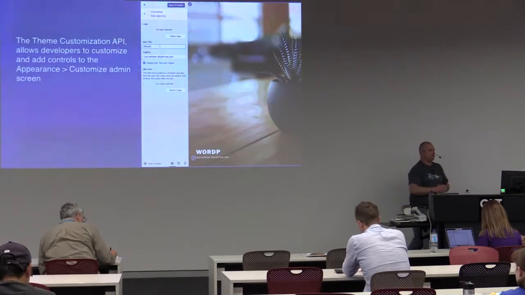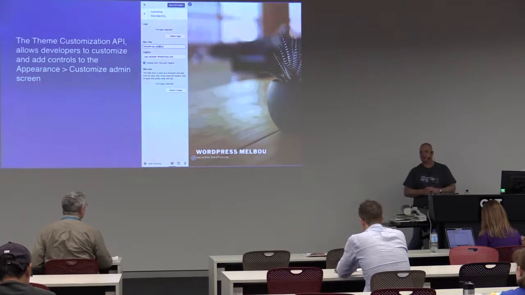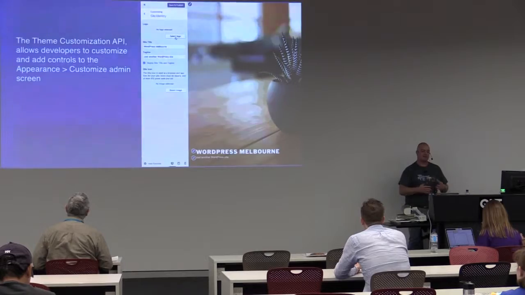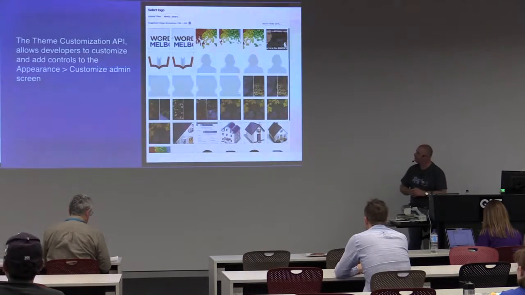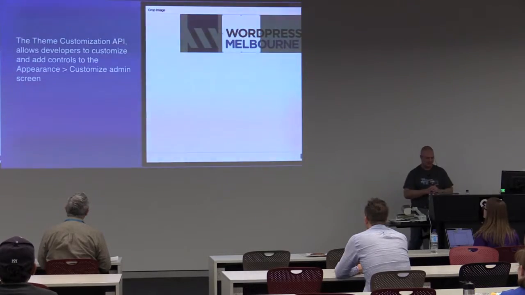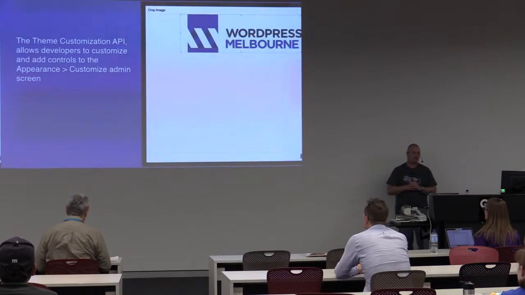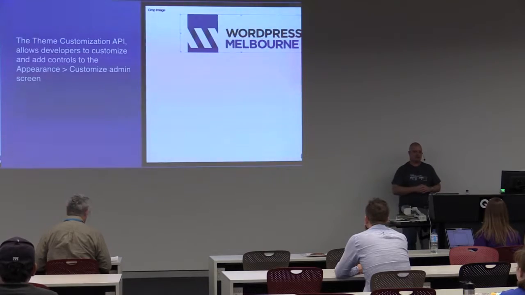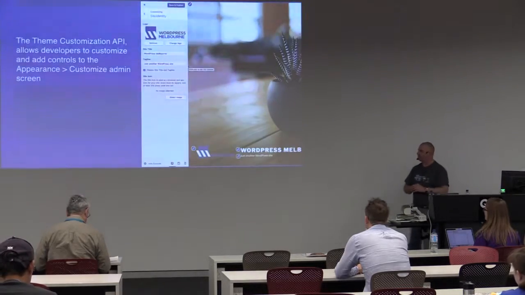I'm guessing most of you here, because you're fairly technical, probably know what the customizer is. The theme customization API allows developers to customize and add controls to the appearance customize admin screen.